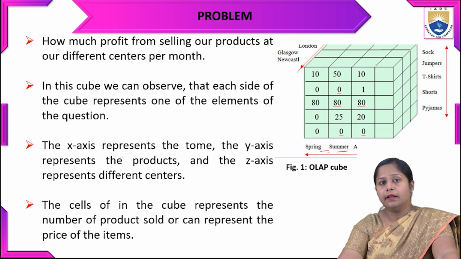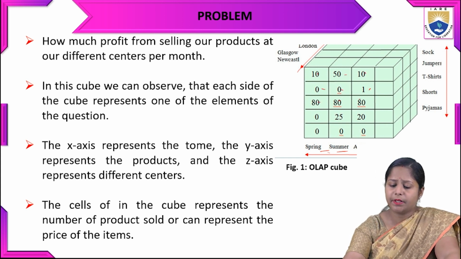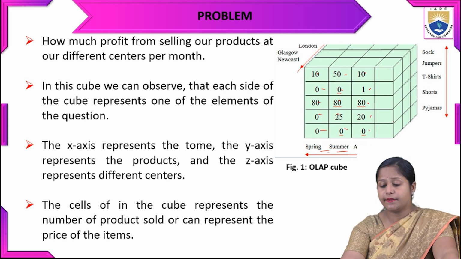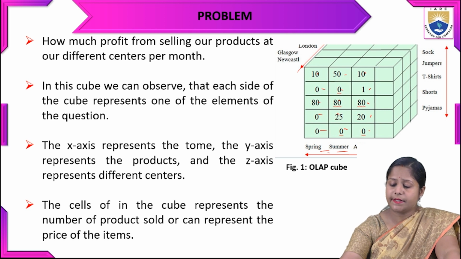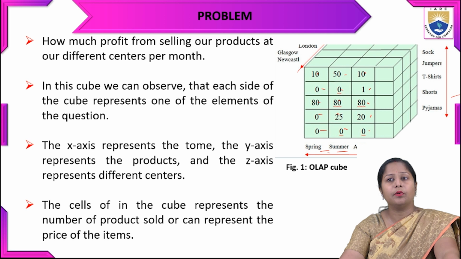These are the cities related to that particular cube. In these cells there are some numerical values. On the Z axis we can see socks, jumpers, t-shirts, and pajamas. So these are the 3 dimensions of this particular OLAP cube.